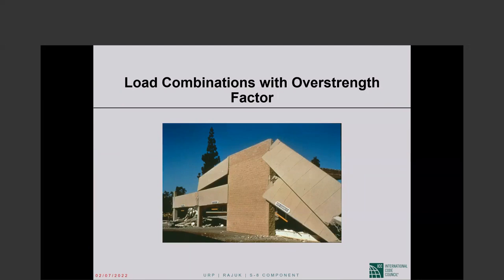This is the Northridge Fashion Center, as they used to call it, the shopping center close to the earthquake epicenter. This was one of a number of precast parking structures that did not do well, as you can see.